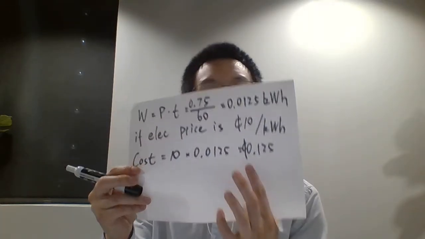Honestly, so far the electric price is a bit higher than this, but anyway, that's how much you pay: 0.125 cents for using your microwave for 1 minute.